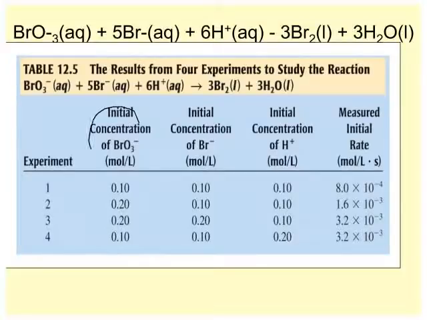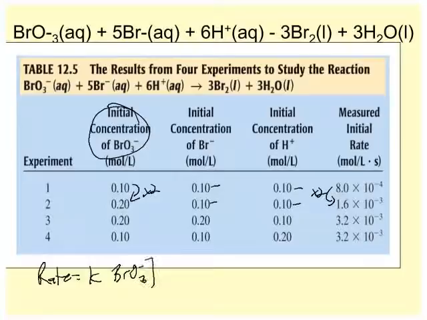If I want to look at the bromate's effect, then I want to find something where these are the same and these are the same. Nice. This one's times 2. This is, ooh, look at that exponent. 8 times 2 is 16, but it gets smaller, times 2. So my rate equals k times BrO3, and that's just the first power.